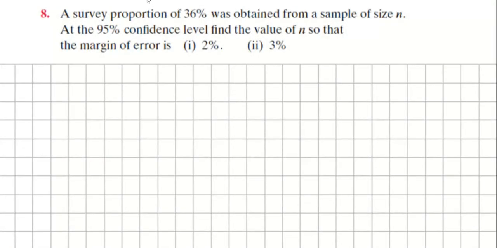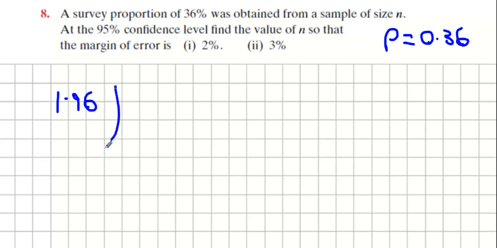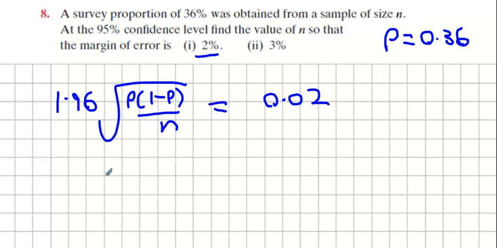What it's claiming is that the p-value is 0.36. Would you agree with that? And also it's claiming the error, which is 1.96 square root of p times 1 minus p over n, equals 2%. So also what I want you guys to do is what you did at the end of the last exercise.